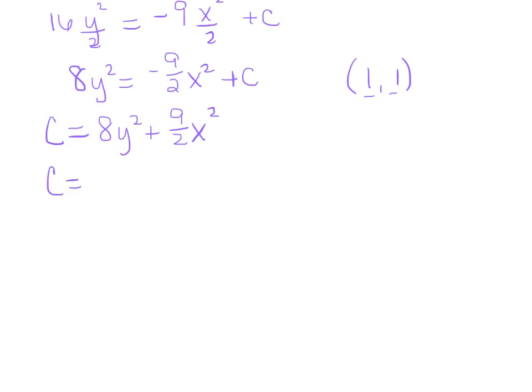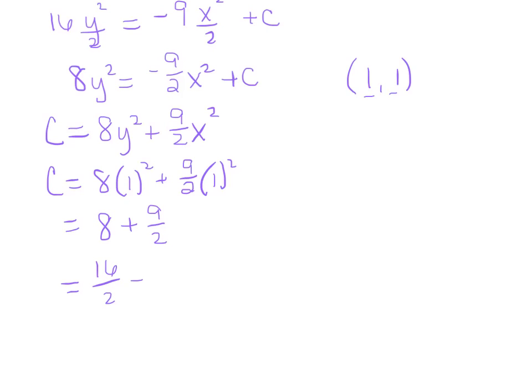So c is really equal to 8 times 1 squared plus 9 halves times 1 squared, which gives you 8 plus 9 halves. If I convert 8 into halves, I end up with 16 halves plus 9 halves, which is 25 halves.